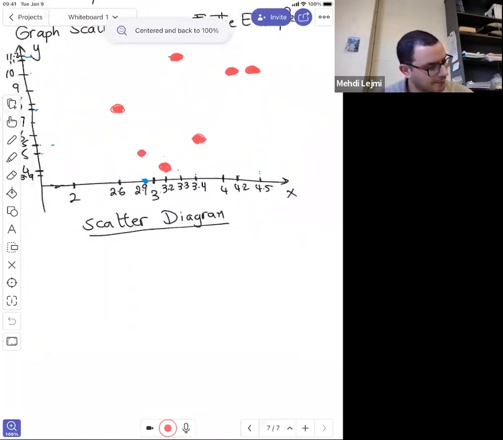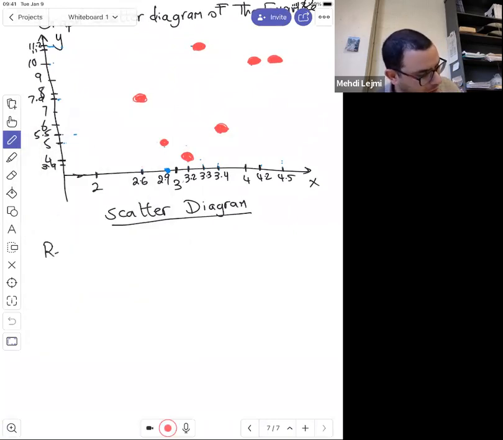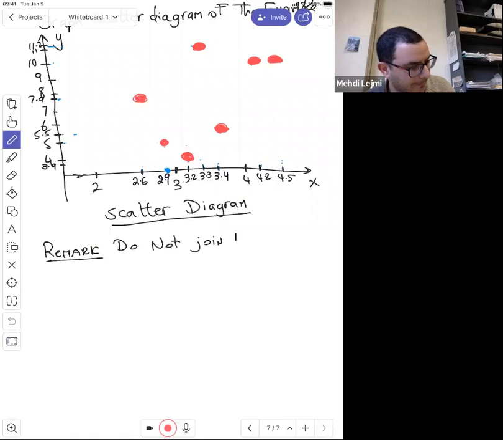So this is not like the ogive. In the ogive, you're supposed to connect the points, right? So here, do not join the points in the scatter diagram.